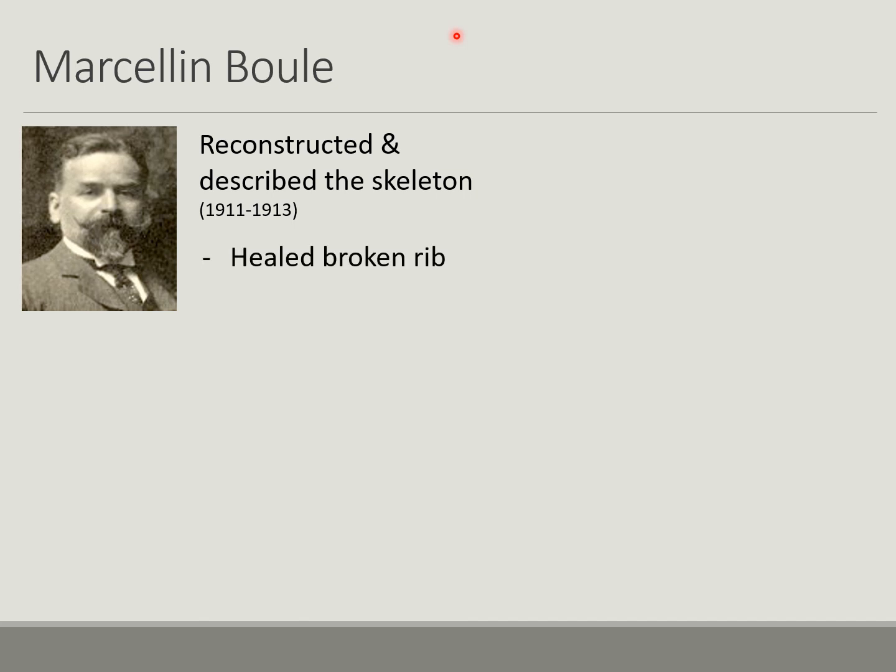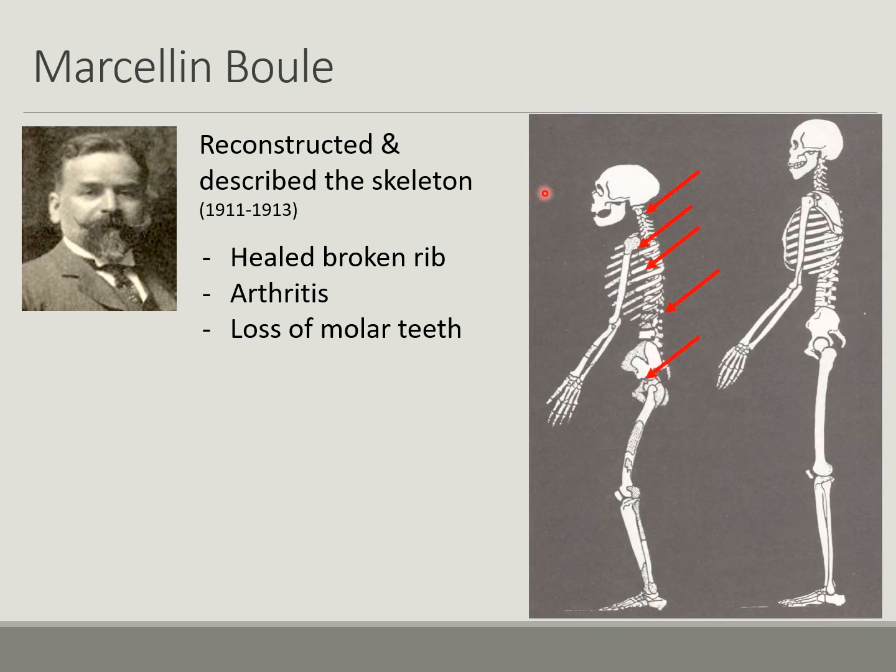Okay, so this specimen had a healed broken rib, arthritis, loss of molar teeth due to old age. So this individual was not well, so to speak. Especially the arthritis caused this individual to kind of stoop over, right? The spine wasn't really straight, it started to stoop over.